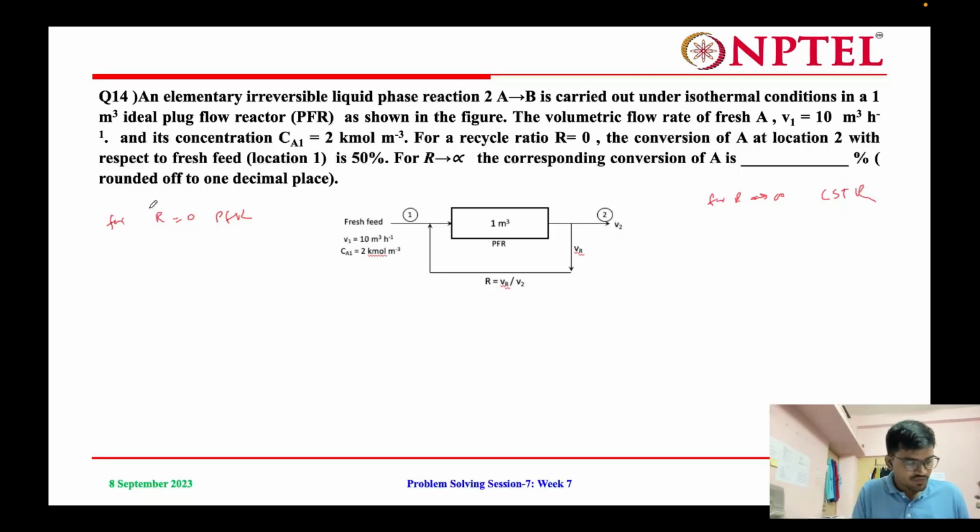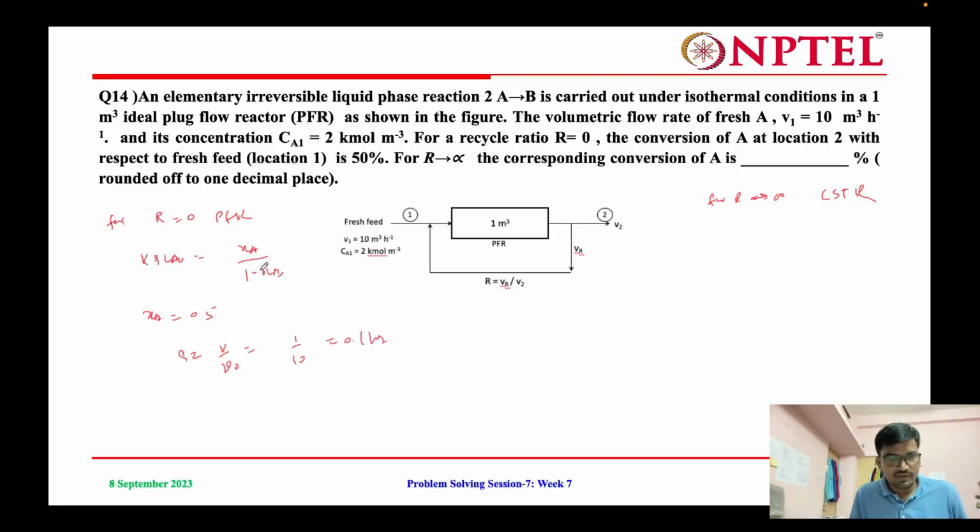The performance equation for a second order reaction in a PFR is k tau C0 equals XA by 1 minus XA. XA is given as 0.5, and CA0 means CA1, given as 2 kilomole per meter cube, and tau equals V by V0, so 1 by 10 equals 0.1 hour.